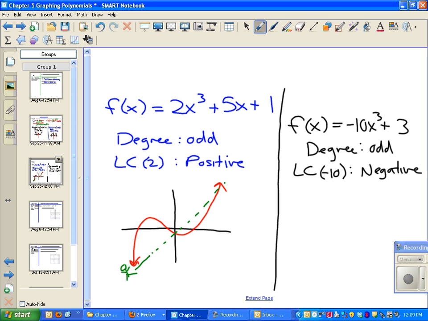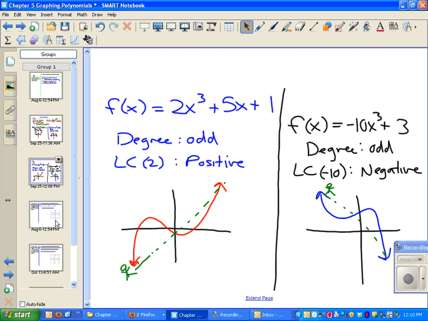So that's going to give us the end behavior. And that's going to follow a negative slope where it's going to start high, go through something, and end low. Right? And it follows, just like if you graphed a linear equation with a negative slope, our little guy is going to go downhill. Right? So that's all about end behavior.